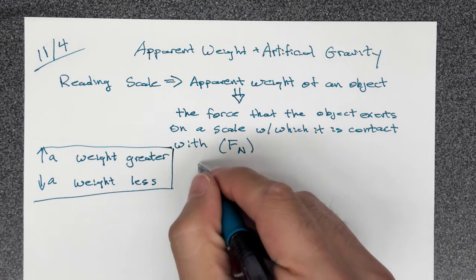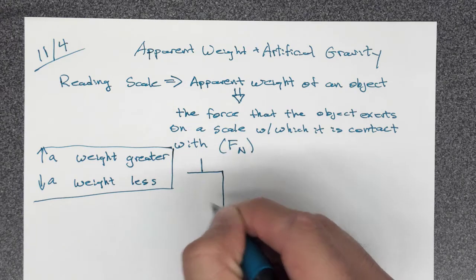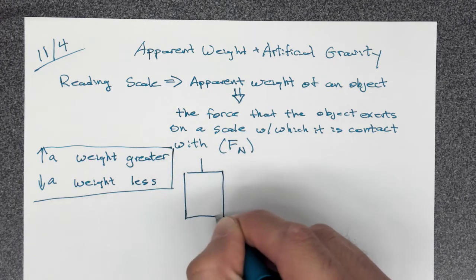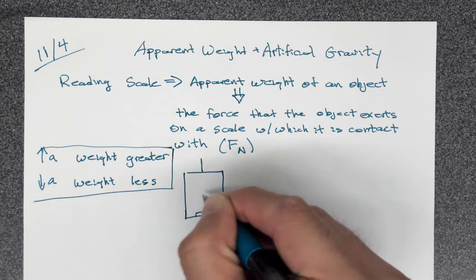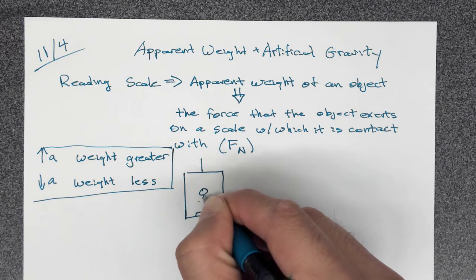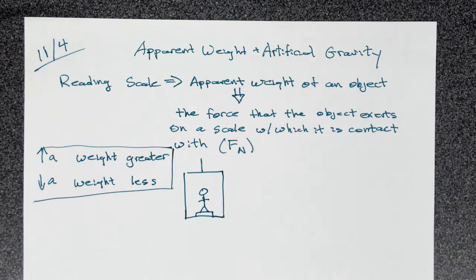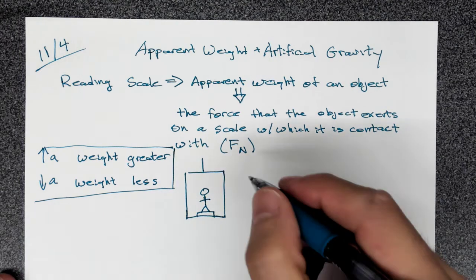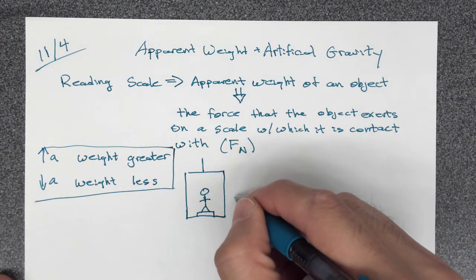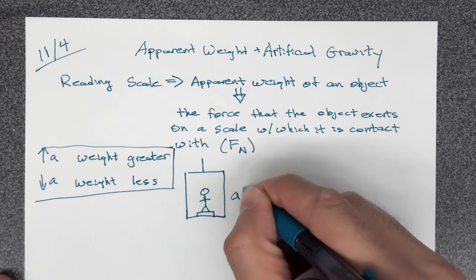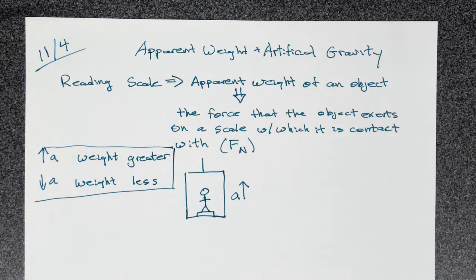So in our example, we have an elevator, we have a bathroom scale, and we have a person on that bathroom scale. And for this purpose, let's pretend that the net acceleration is up.